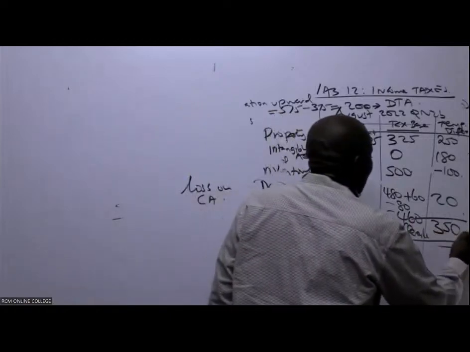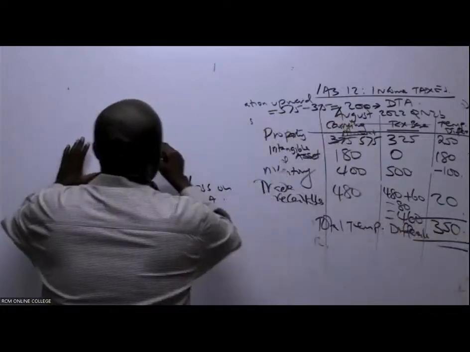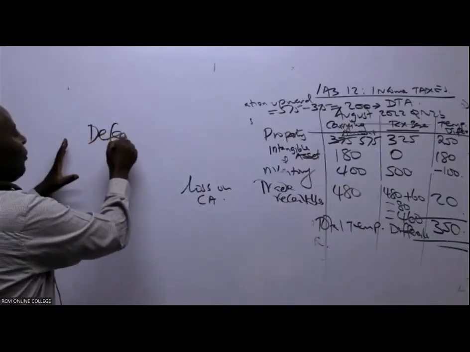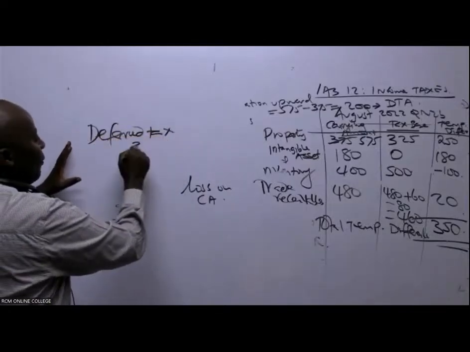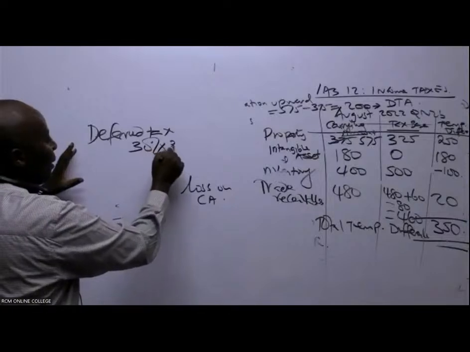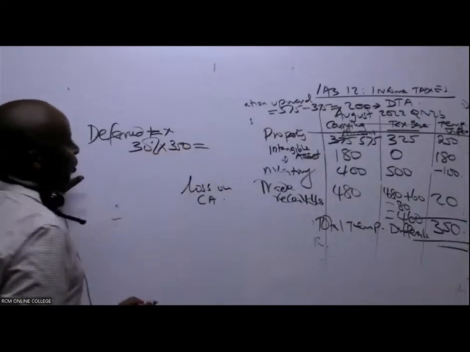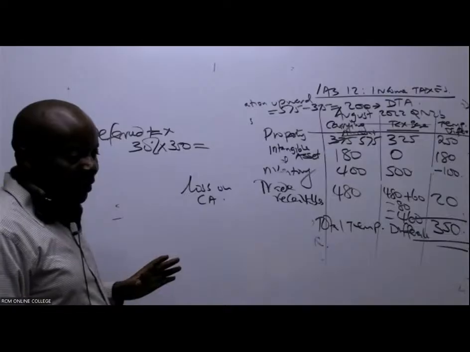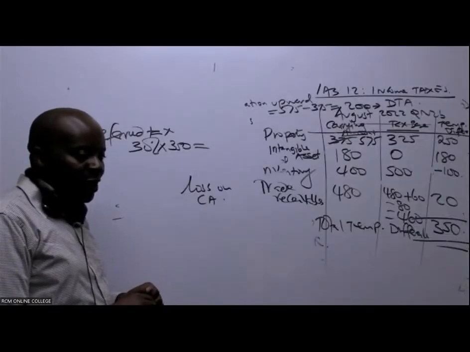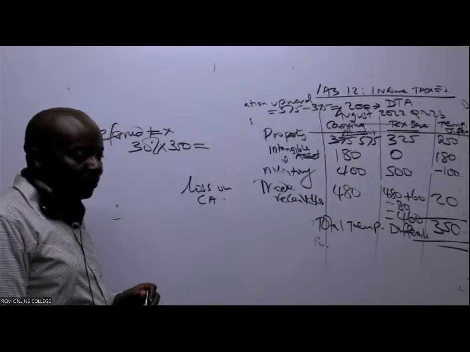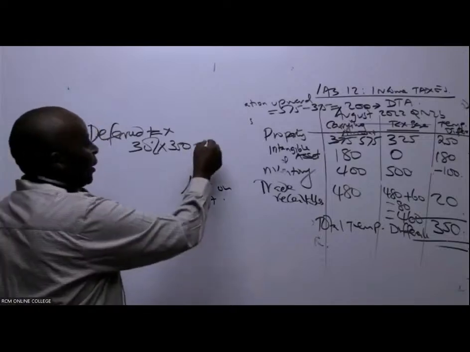Total temporary difference will always give birth to what we call deferred tax. So give us the deferred tax: 30% times 350, which gives 105.